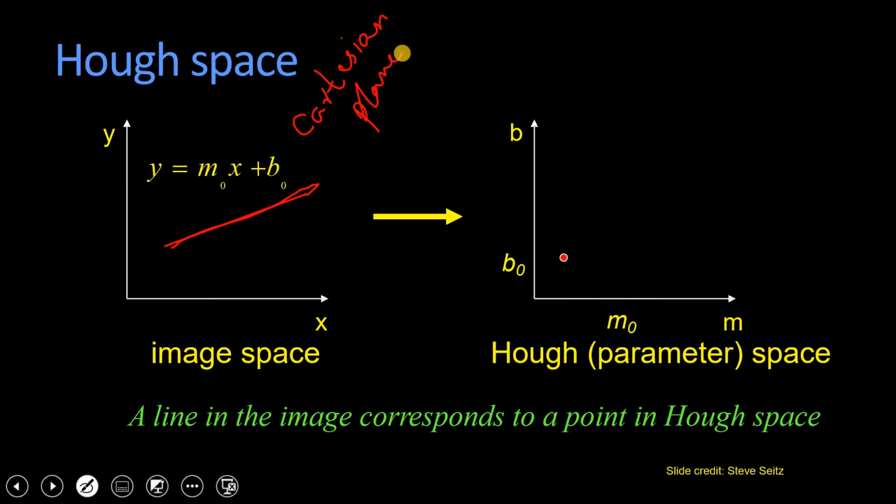For our field over here, because we are dealing with images, remember our images are also represented by xy dimensions. One dimension is x and the other one is y, so it is exactly the same as any graph paper. So we call this Cartesian plane the image space for us.